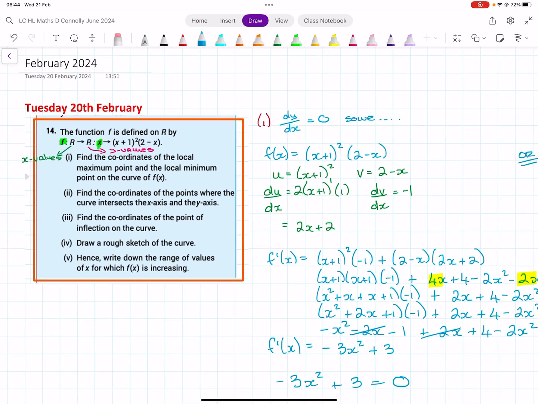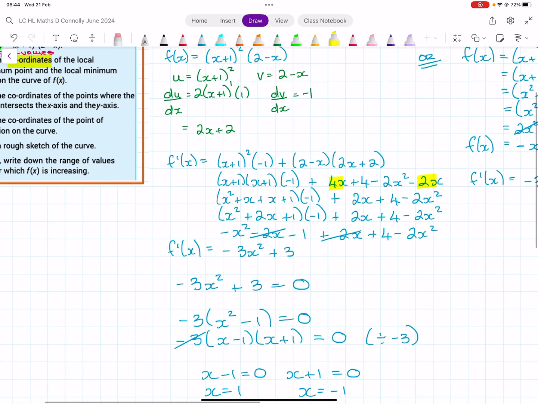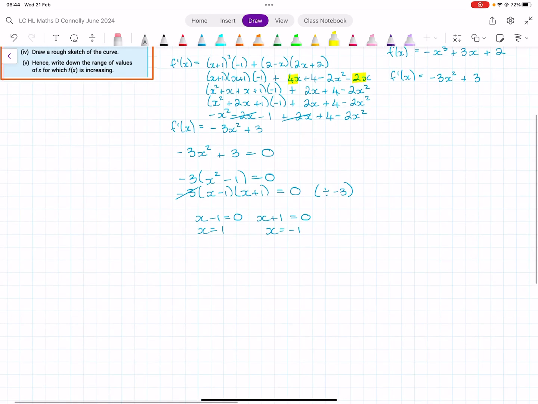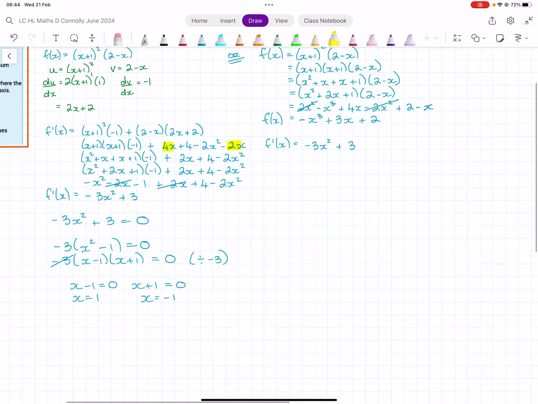Now, the question is looking for the coordinates, which means I'm going to need y values. So we're going to need to sub back in. So f of x is y, and that is x plus 1 squared times 2 minus x.